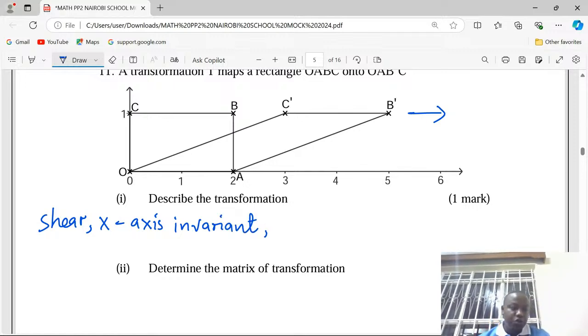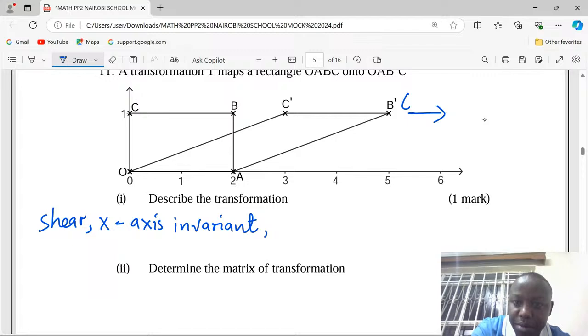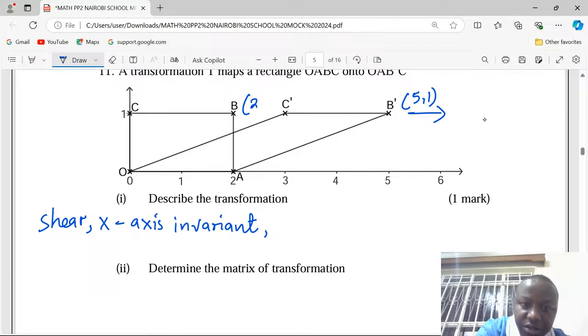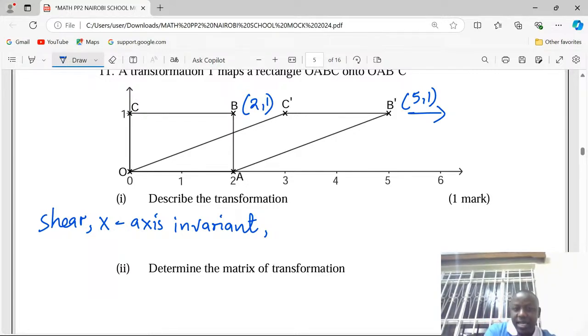After you've mentioned shear, x-axis invariant, we can also mention the shear factor. The coordinates of B are becoming 5, 1, and B was initially 2, 1. So you can see that the coordinates of B on the x-axis are moving from x equals 2 to x equals 5, which is 3 units.